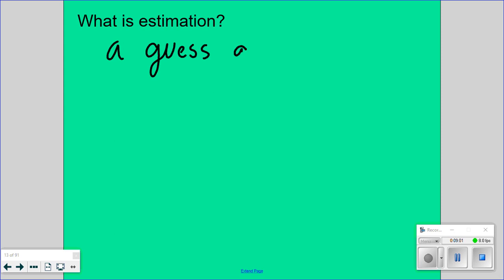A guess, aka a close to number. Now, the problem sometimes with estimation is it might be too big or it might be too small. But that's okay, because we're just trying to get an estimate. We're trying to get a close to number.